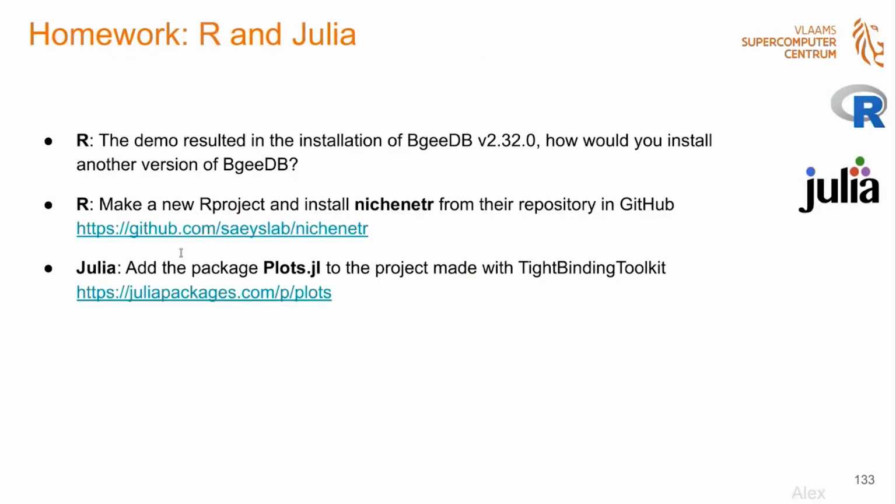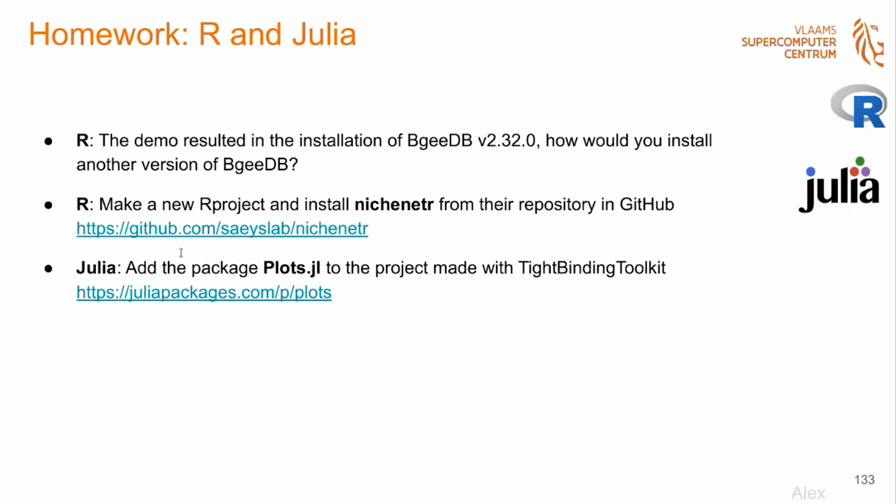And I left some homework for those interested in R and Julia, if you want to try it out. In R, how would you define a specific version of BGDB to be installed? Because, for instance, VSC R project manager just picked 2.32 because that's the one that works with our modules, which is very nice. But if you needed a different one, what could you do?